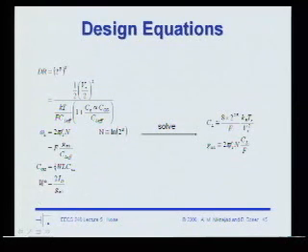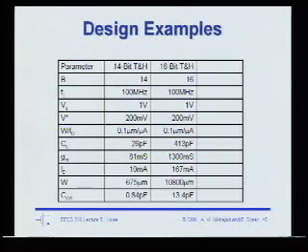And let's assume that V star is constant, let's say a couple hundred millivolts or whatever the case may be. And so we solve these equations, and again, this will be a good homework problem for you guys. You've done something similar to this already without considering noise. And here's the result. Our specifications were 14 bits, 100 megahertz, 1 volt swing, 200 millivolt overdrive voltage.